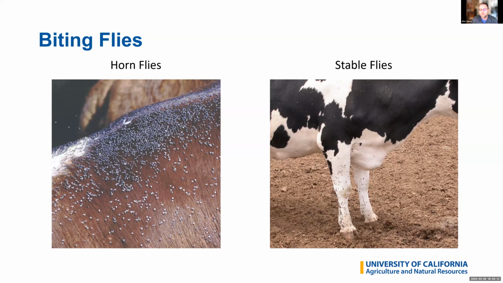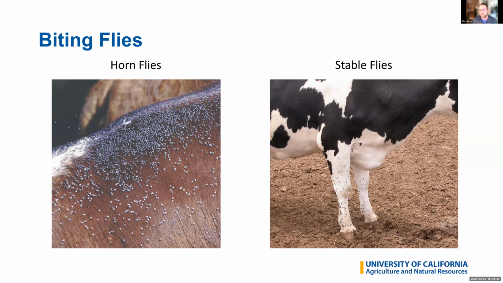On the right-hand side of the screen, you see stable flies. In contrast to horn flies, stable flies tend to be found on the lower legs of the cattle, and numbers are generally far less. In this picture, you see quite a few stable flies, but often stable flies number in the dozen to 2 dozen range, certainly not in the hundreds to thousands like you might see with horn flies.